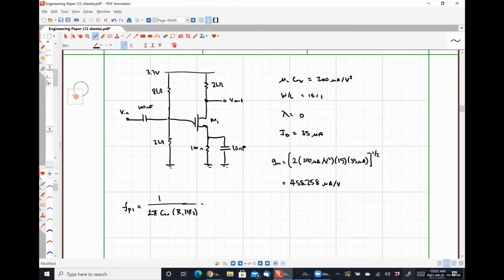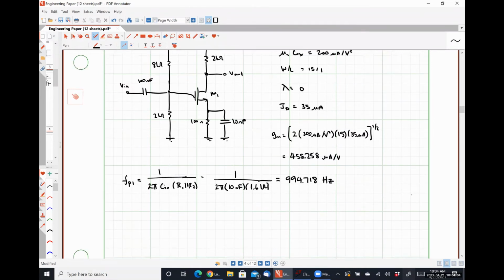And so this is going to give us 1 over 2 pi times 10 nanofarads times, let's see, 8 in parallel with 2 is 1.6 kilo ohms. And so we get a frequency of 994.718 hertz. So that's where one of our poles is.